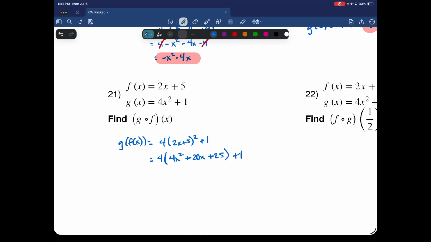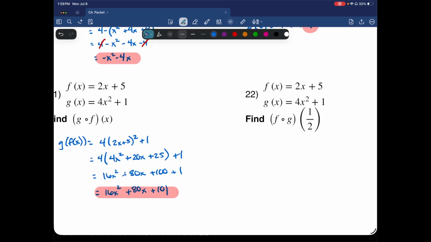Distribute the 4, you get 16x squared plus 80x plus 100 plus 1. So clean it up. 16x squared plus 80x plus 101. All right, that's your answer.